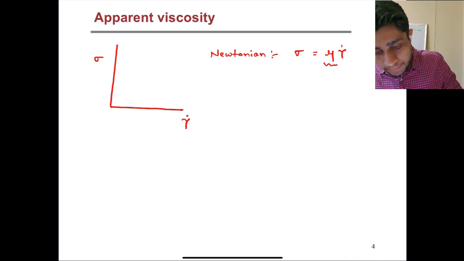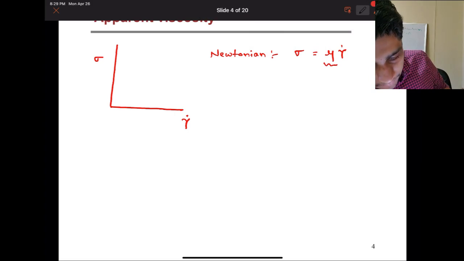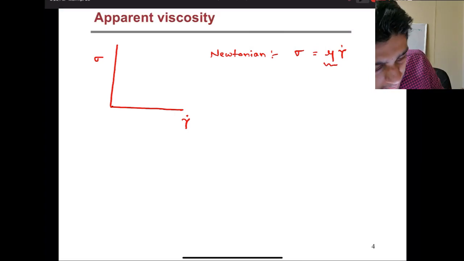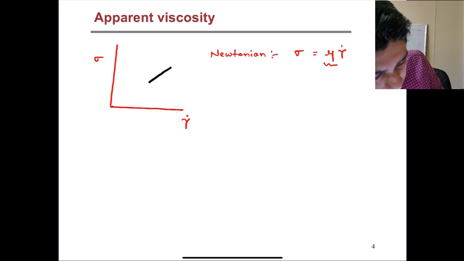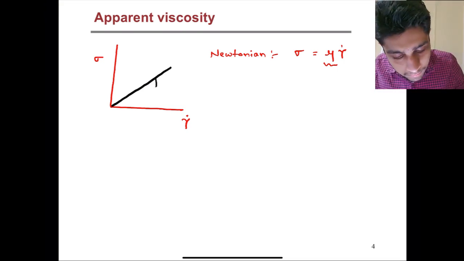So if I plot it here, it will be a linear line passing through the origin with a slope of mu.